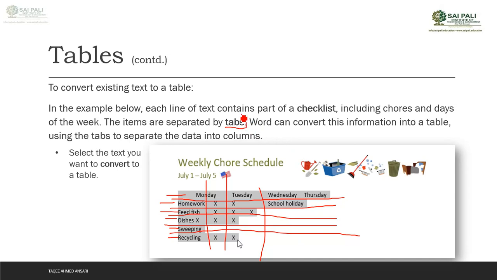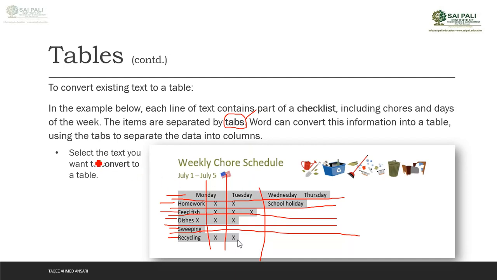We can use the tab as a divider or separator of the columns. So what is important is that when you are creating this text and you want to convert it into a table, you have to add tabs between the words, so that when you convert it, Word can take the tab as a column separator.